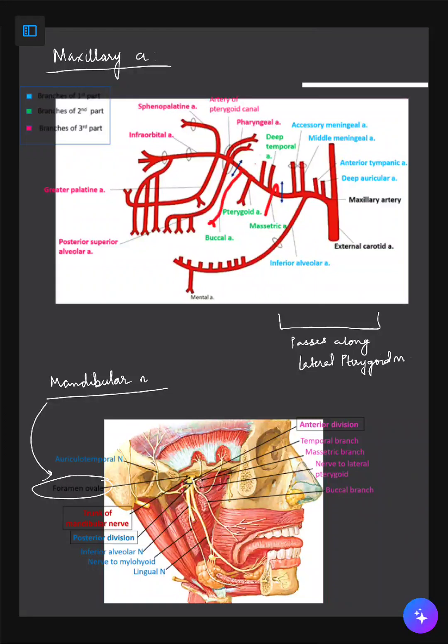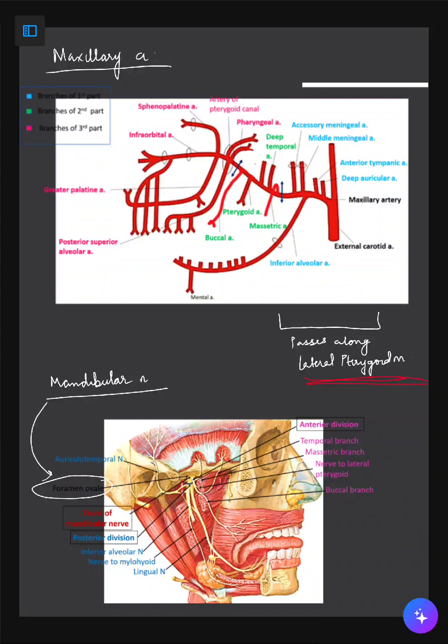Now next is the maxillary artery. The maxillary artery has three parts. The first part passes along the lateral pterygoid muscle. Now where does this maxillary artery come from? It comes from the external carotid artery, and gives off many branches.